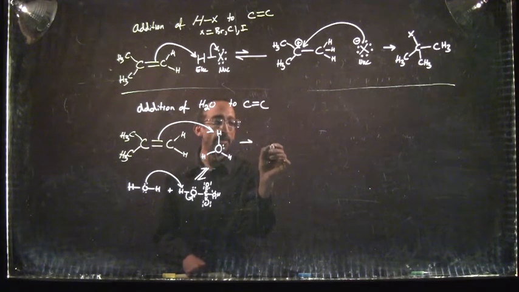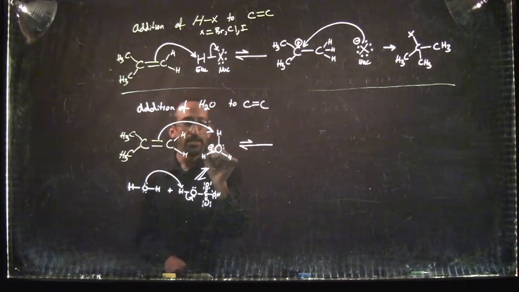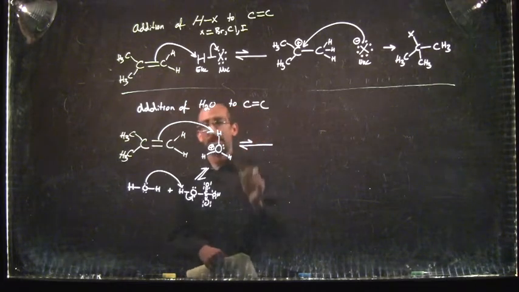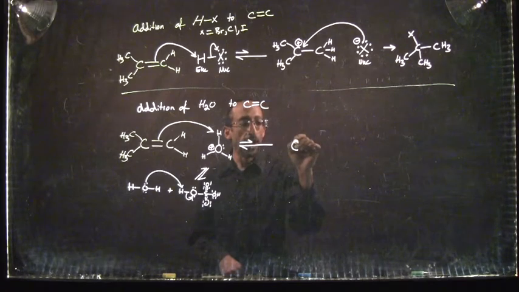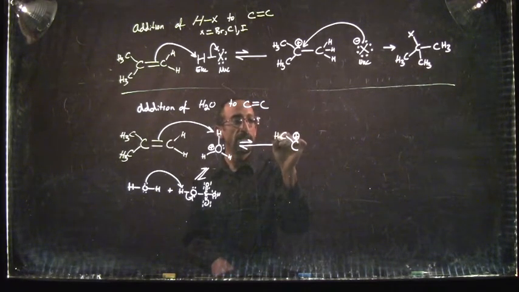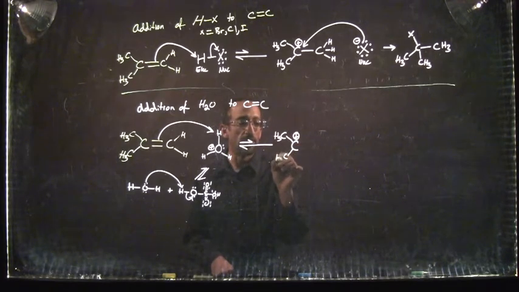Again, this is an equilibrium process which is disfavored, but still occurs. We will once again generate our carbocation, our most stable carbocation, following Markovnikov's rule.